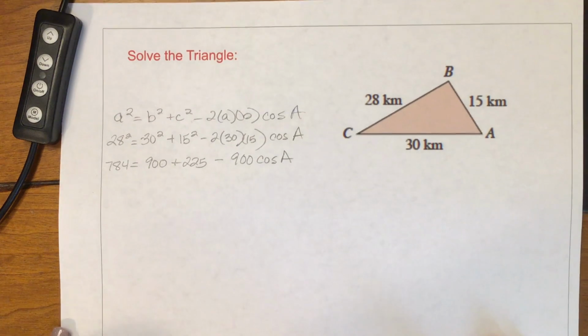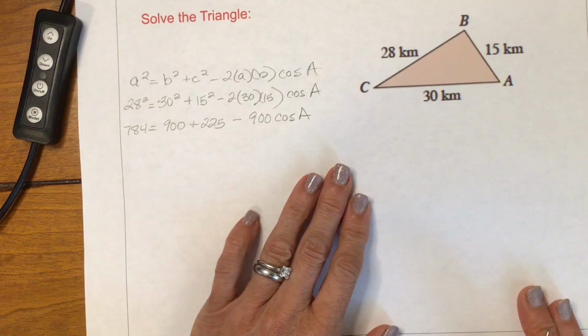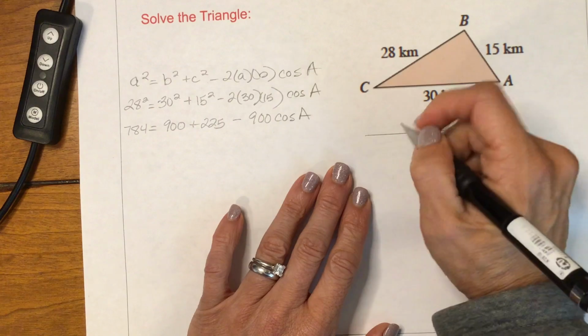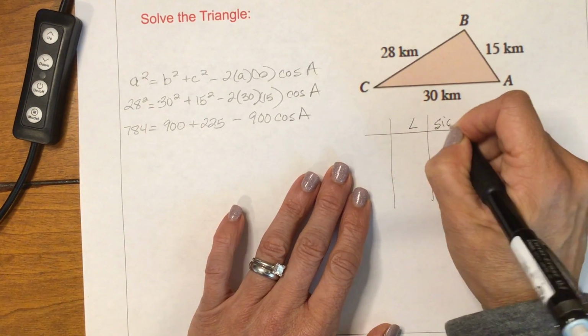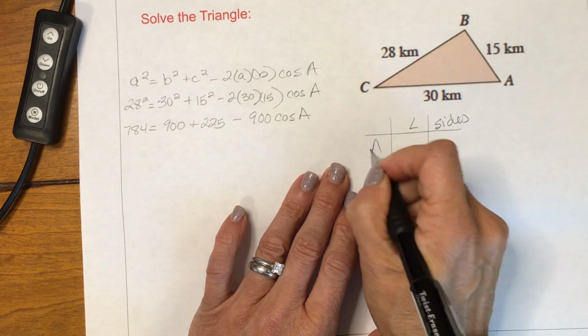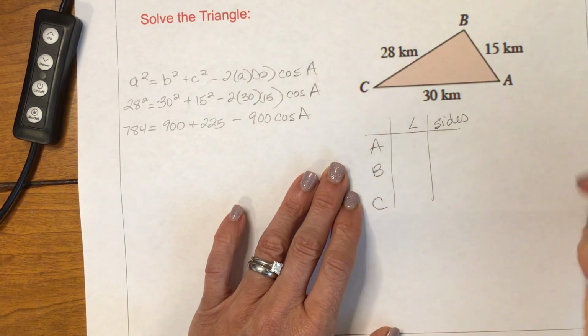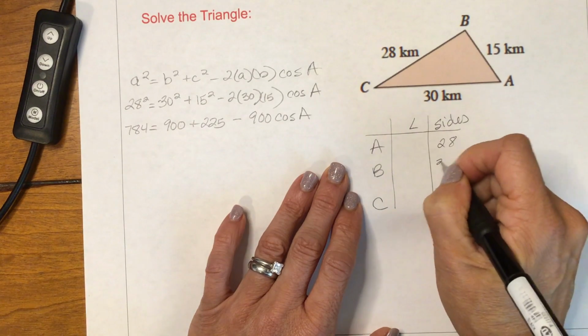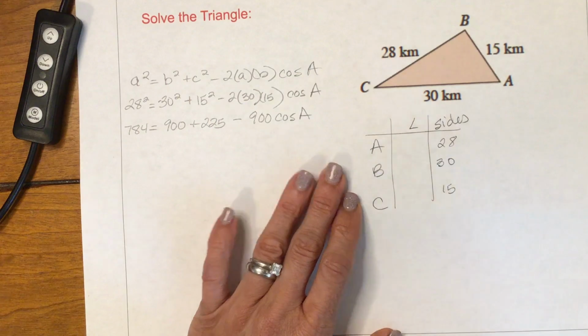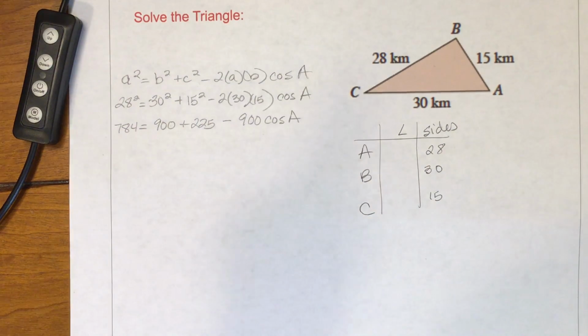So here's what we have so far. And again, maybe you want to create yourself a little table. So here's angle and side, A, B, and C. So 28, 30, and 15. And we don't have any of the angles, but we just need one with law of cosines.